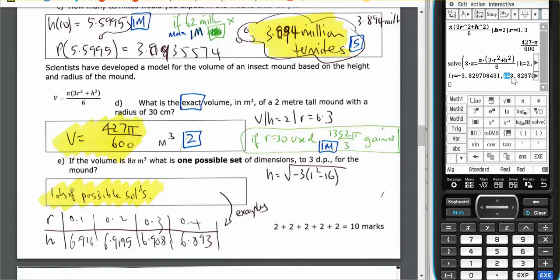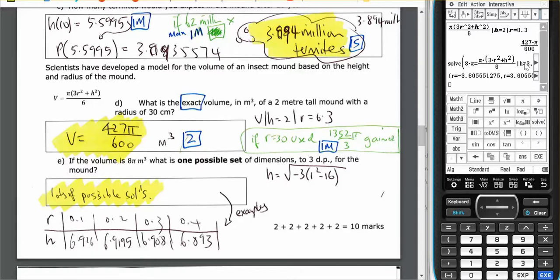R is 3.82 meters and h is 2 meters. If I make h equal to 3 meters, then I get these values of r, which are much smaller again.